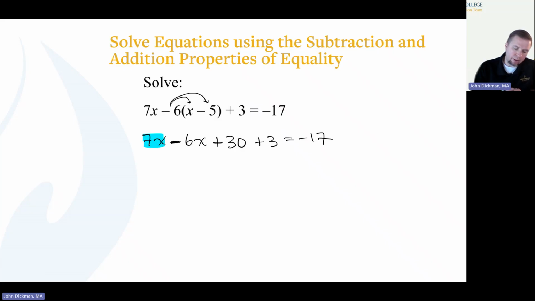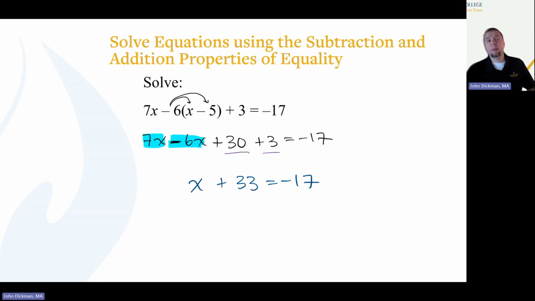So we have 7x minus 6x. Those are like terms. We also have 30 and 3. Those are like terms. So we're going to combine like terms to simplify this side of the equation a little bit. So 7x minus 6x is just x. And then plus 33 equals negative 17.